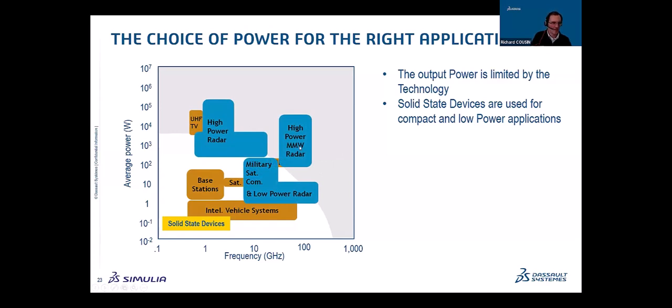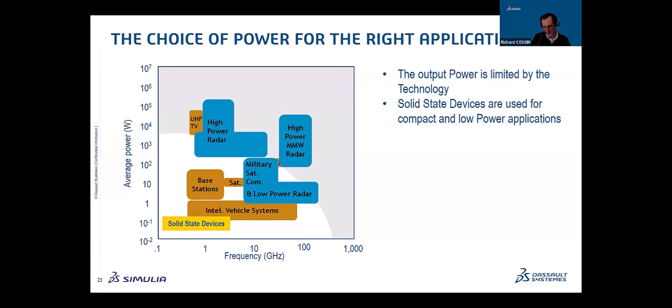If you increase the level of power and if you move slightly also to increase the frequency range, then in this case, you have different kinds of applications where you will see traveling wave tubes, klystrons, and so on, which are then structures working as broadband devices.